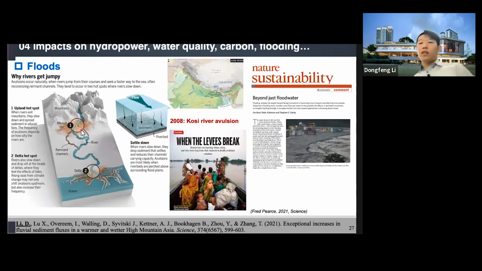With time, the riverbed at this mountain outlet can become very high. And when the riverbed is as high as the floodplain, during a flood event it can easily trigger river avulsion. For example, in the 2008 Kosi River avulsion, it caused very severe impacts to the local communities.